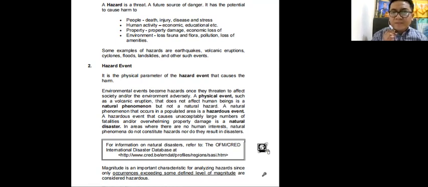Ang sabi dito, it has the potential to cause harm to people, human activity, property, or environment. When you hear people, it can even cause death, injury, disease, or stress. Human activity, pwede po ang potential to cause harm to human activity because of the educational, economic. Ito po, pasok natin yung tinutukoy po nating pandemic ngayon.